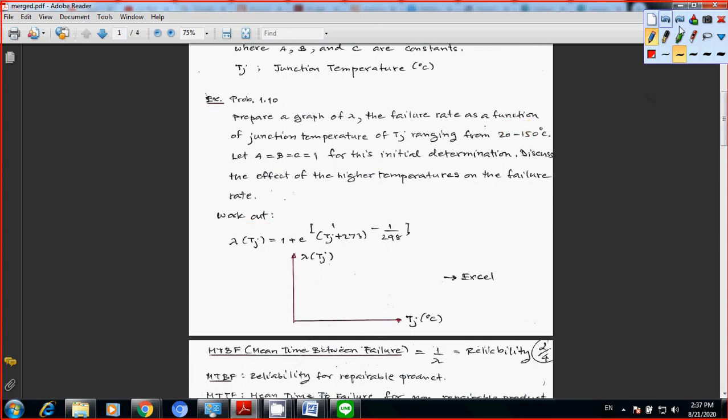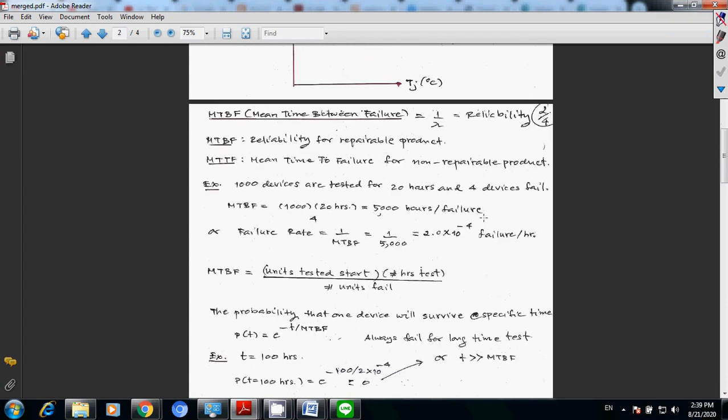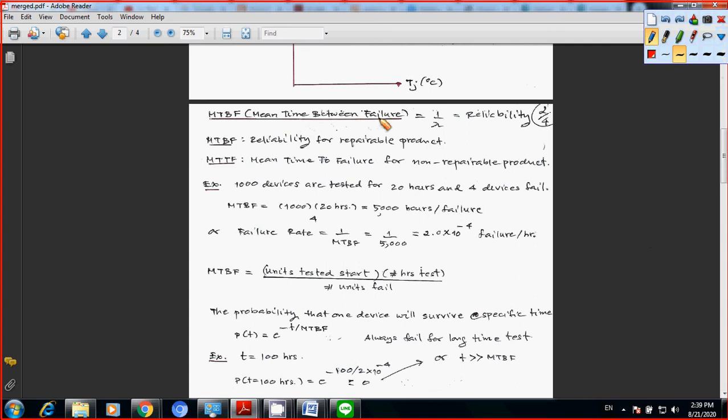Now the other term related to failure rate is the mean time between failures, or MTBF for short. That's going to be 1 over lambda, or 1 over the failure rate. So what is the opposite of the failure rate?